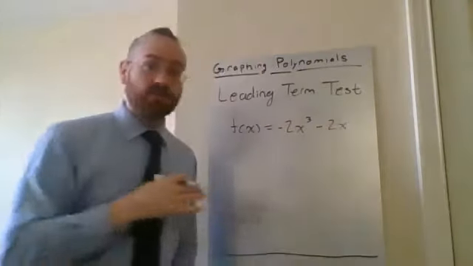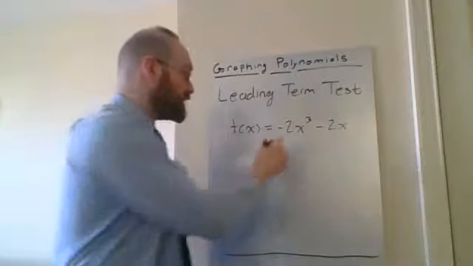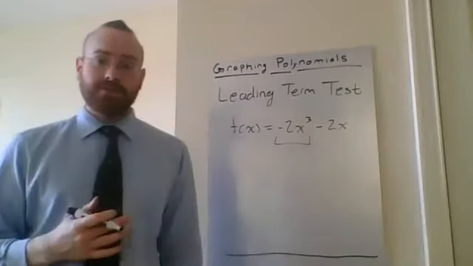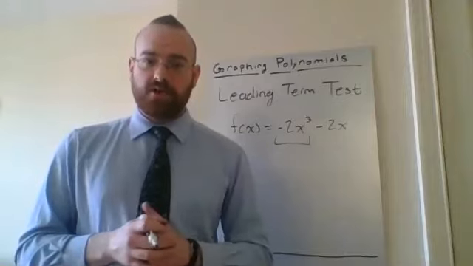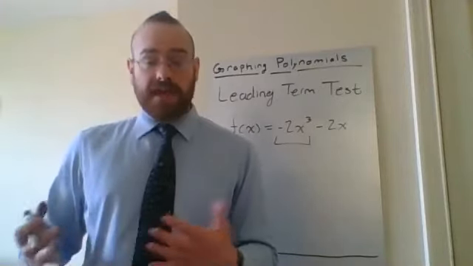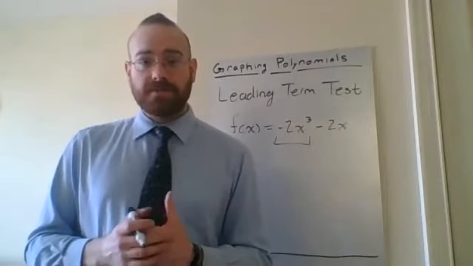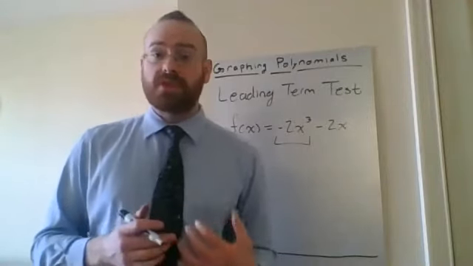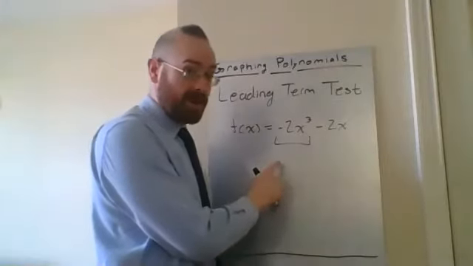Now for each of these, I strongly encourage you to pause the video, look at the leading term, and then determine, before I give the answer, what you believe the end behavior will be. That will help you check your understanding and make sure that it's actually making sense and you're learning it, so you can identify errors and places you might need to ask for help sooner rather than later. So here's your opportunity to pause.